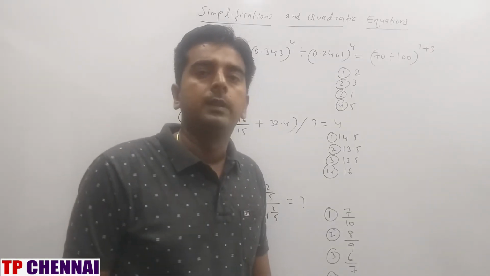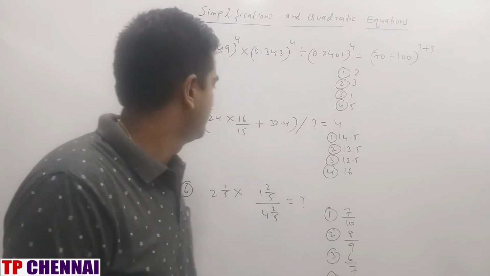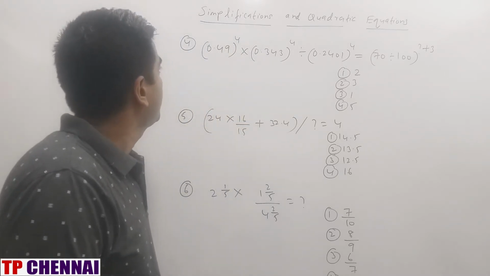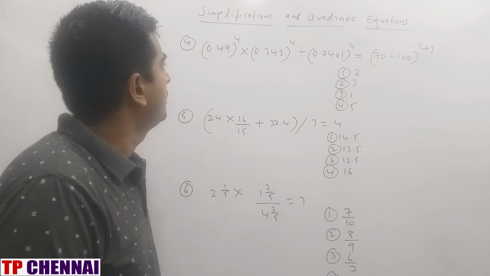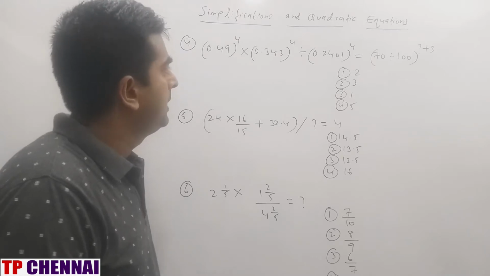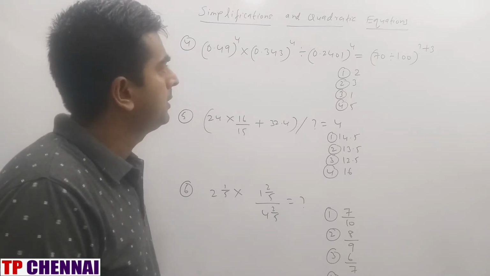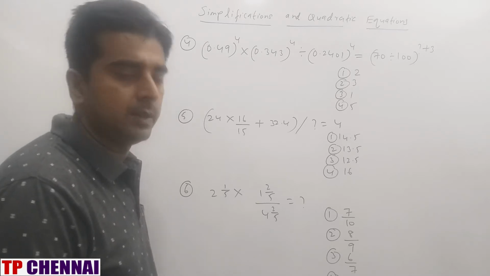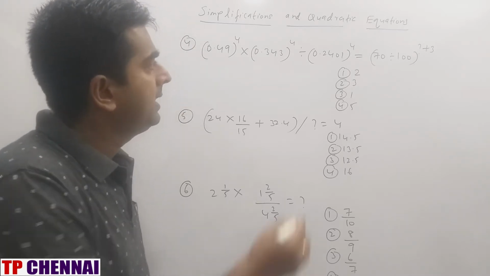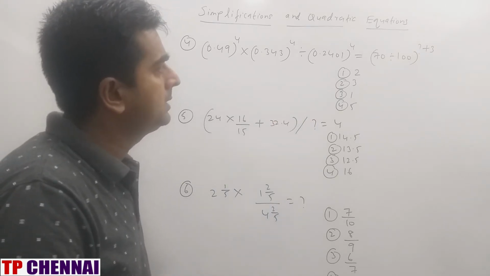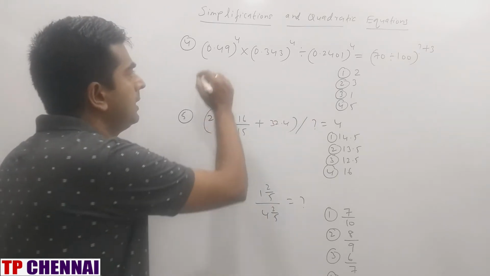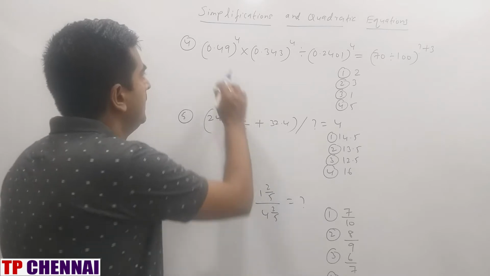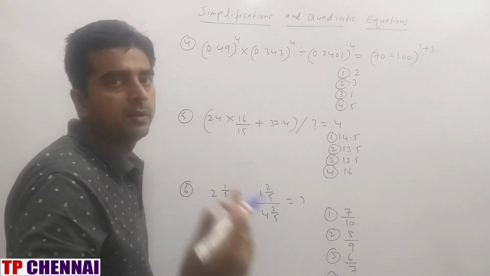So I hope you clear with previous 3 questions. Now we'll see next 3 questions. (0.49) whole power 4 into (0.343) whole power 4 divided by (0.2401) whole power 4 is equal to (70 divided by 100) whole power question mark plus 3. Right, 70 by 100, when you see RHS will be how much? 0.7. That means you need to convert LHS in terms of 0.7. 0.49 is nothing but 0.7 whole square.